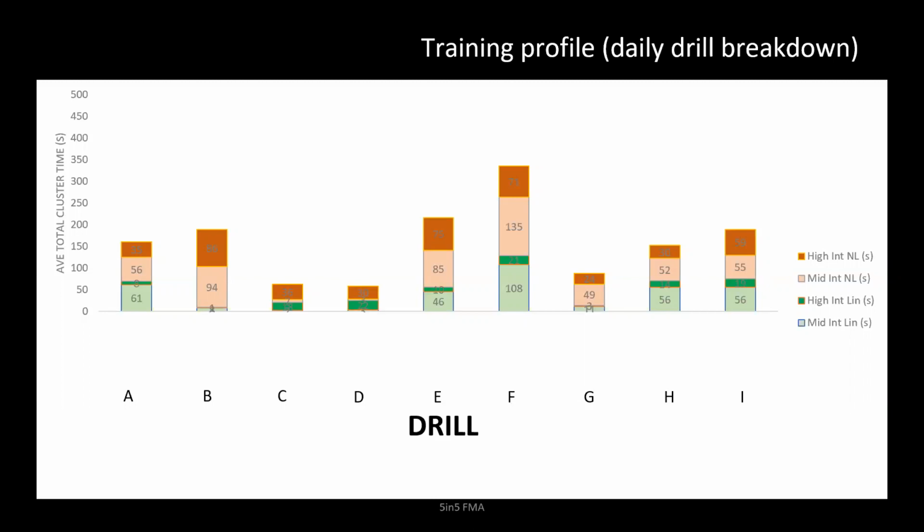The one thing that's immediately obvious is that a high proportion of this meaningful work is performed in the medium and high intensity non-linear dynamic categories, and we'd argue that these pieces of work currently go under the radar a little bit. The really interesting drill for me is drill B, where the vast majority of meaningful work is dynamic work.